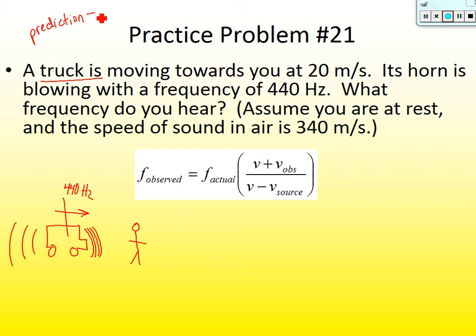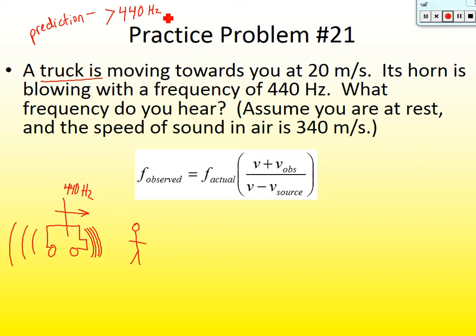Hopefully you're thinking to yourself that since you are in front of this truck and these waves are going to be bunched tight together, you're going to hear it at greater than 440 hertz. That's our qualitative observation, our prediction.